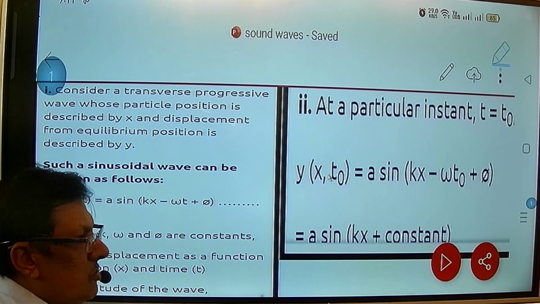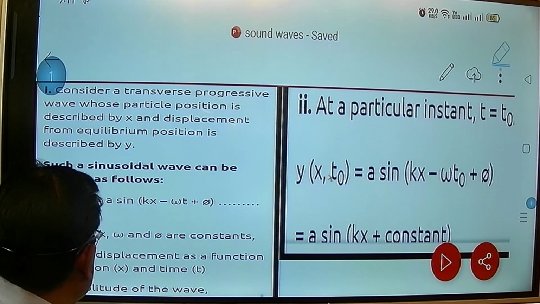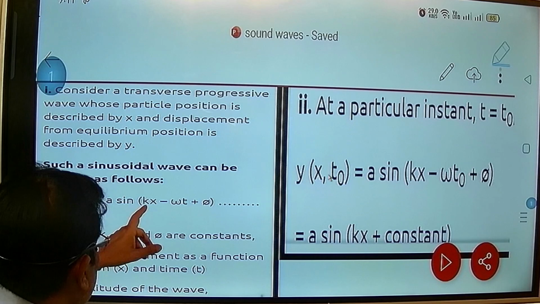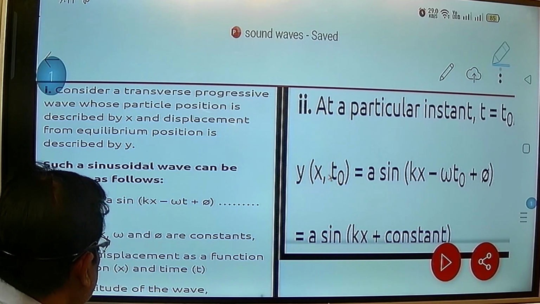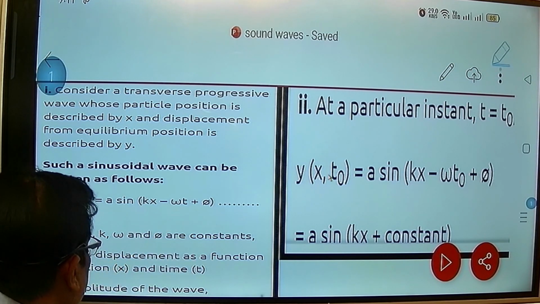Now if you look into equation 1, you will find that A is constant, k is constant, omega is constant, and phi is also constant.